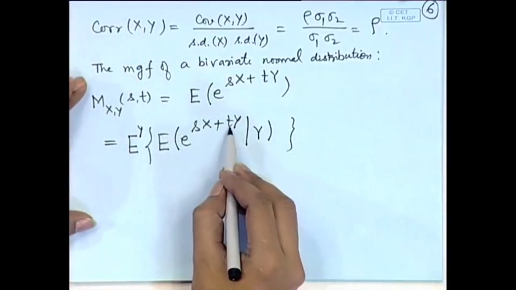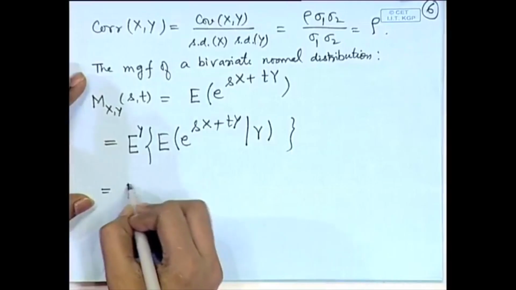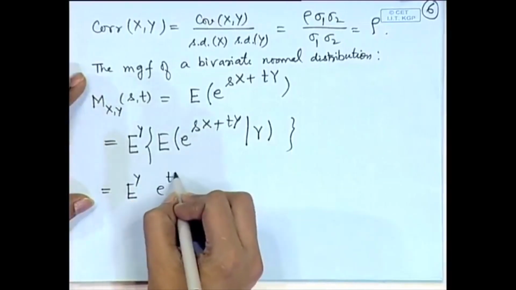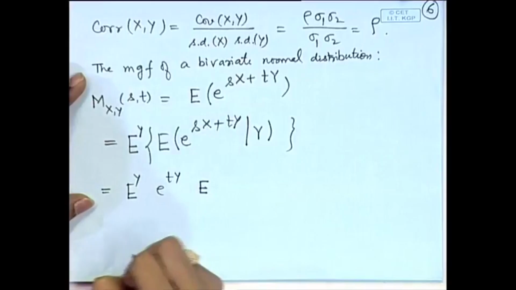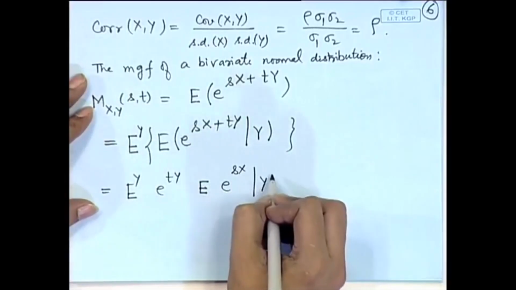Now, given Y, this e to the power tY term is fixed, so we can separate it out, and we are left with the expectation of e to the power sX given Y.